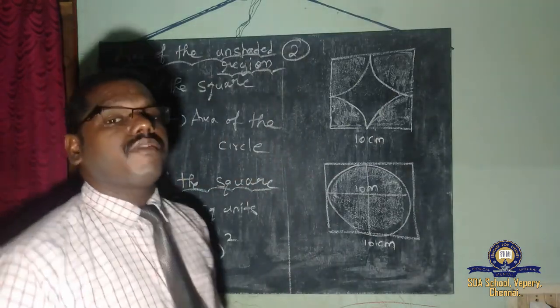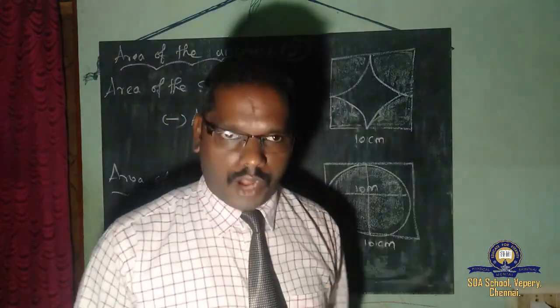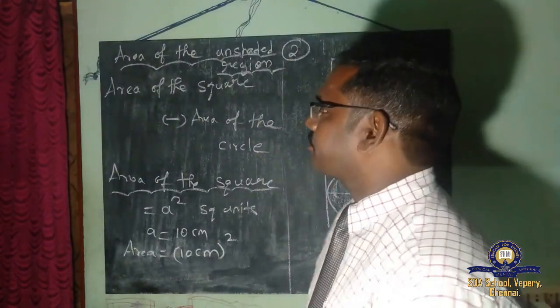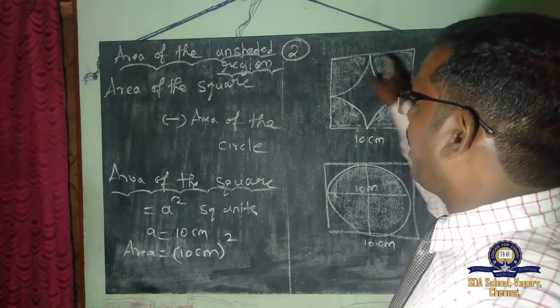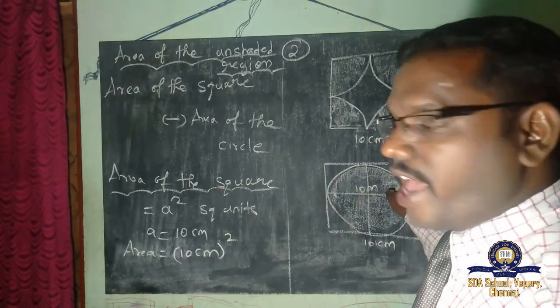Okay. First of all, we will have one plan for how we are going to solve the problem. According to my plan, I am going to find the area of the square first.